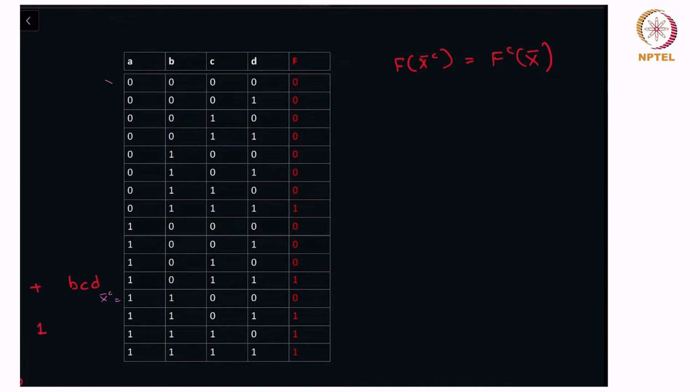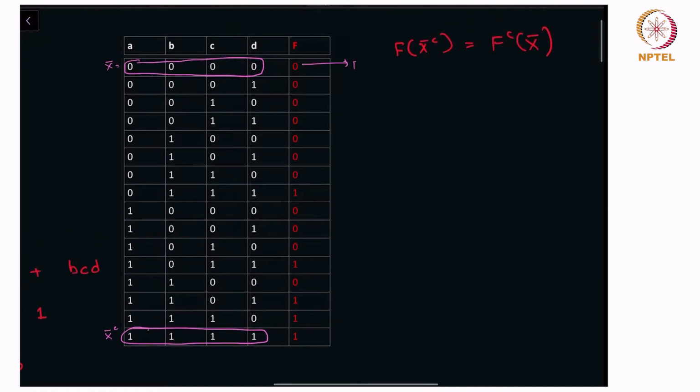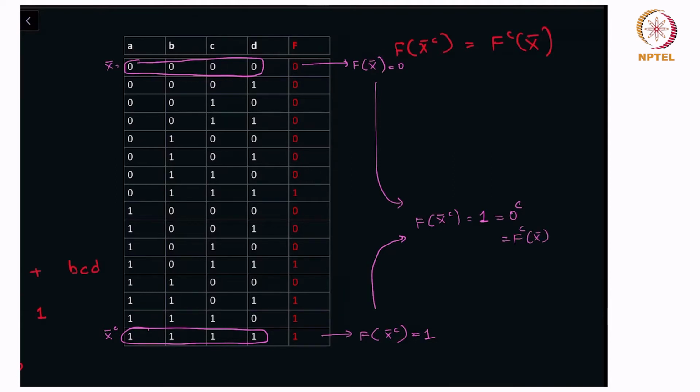For example, if this row is one x vector, and you take its bitwise complement, which is this row, then this is f of x vector, and this is f of x vector complement, which is equal to 1, while this is equal to 0, and clearly you can see that f of x vector complement is equal to 1, which is equal to 0 complement, because 0 is f of x vector, right?